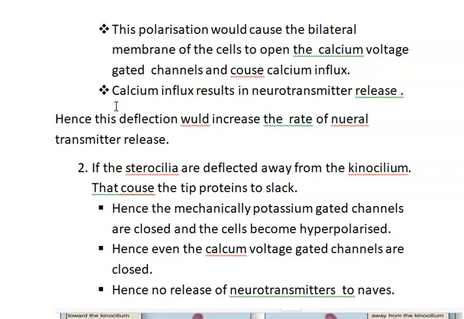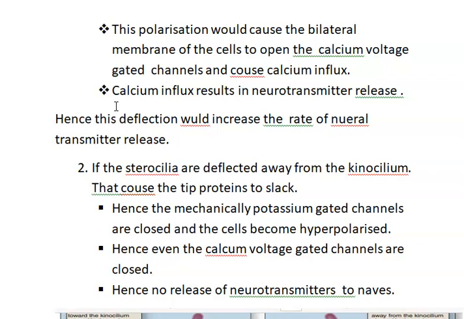Now the calcium influx will result in neurotransmitter release. So the neurotransmitters that are in these hair cells will now be released. They are carrying information that needs to be taken to the brain to interpret the position in which our head is. So the calcium influx, which is caused by the depolarization of the cell's membrane, will cause calcium to get in.